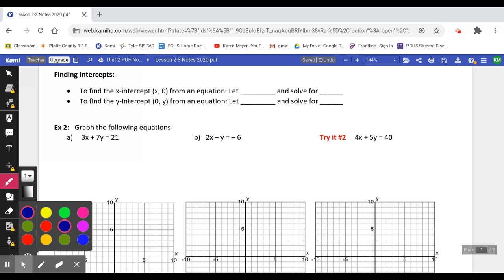To find the x-intercept, which remember is a point x comma 0, then what we're going to do is say, all right, our y is equal to 0. So plug in 0 for the letter y. And then whatever you have left, you're going to solve it for x. And then the y-intercept is going to be just backwards. So you're going to let x equal 0 and solve for y.